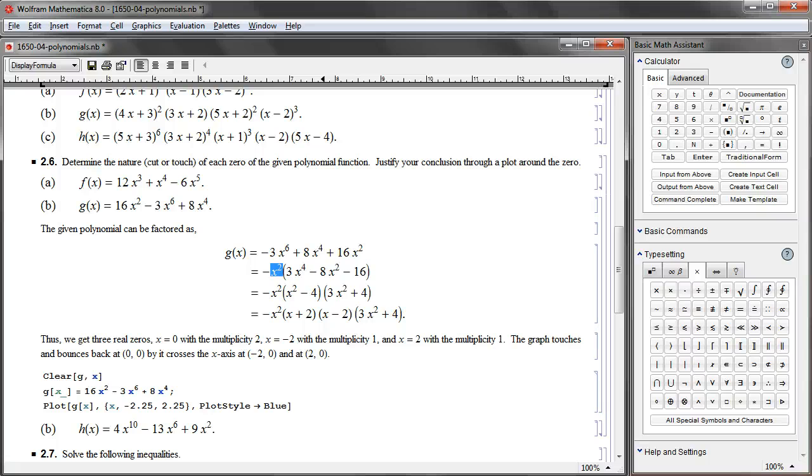You have to take the GCF out, and the remaining part is a quadratic polynomial in x squared. So you can factor further using the quadratic trinomial technique, and then x squared minus 4 can be factored further. 3x squared plus 4 is irreducible, so you don't really have to do anything about it.